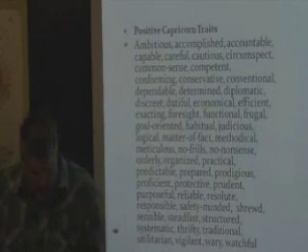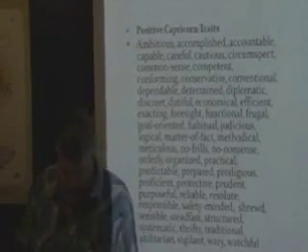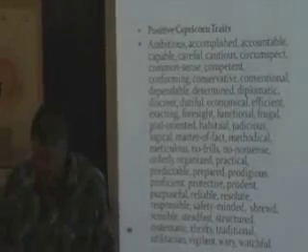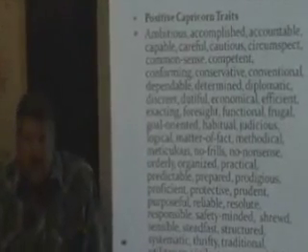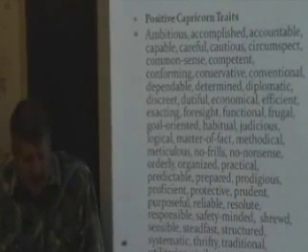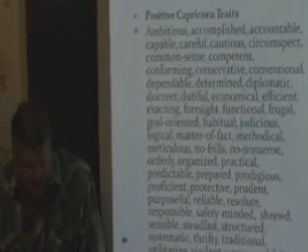And there are a lot of qualities here associated with Capricorn, the first of which is ambitious. They are accomplished, accountable, capable, careful, cautious, circumspect, common sense, competent, conforming, conservative. Oh, there, it's on the positive list.